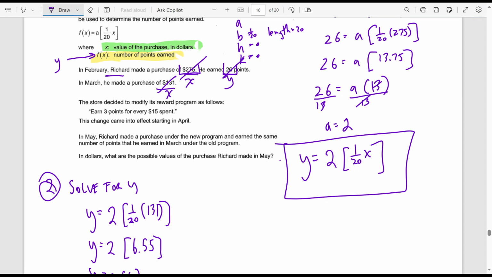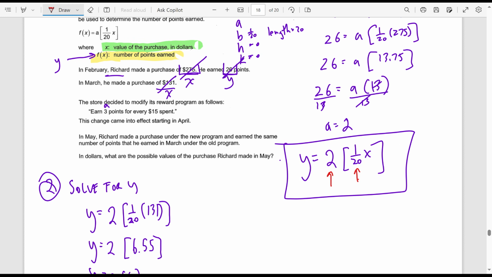So for every 3 points, that's A, for every $15 spent. Let's look at the original scenario. If you can decode this and understand what each parameter means, that was 2 points for every $20 spent, right? The length was 20, not 1/20th. That's the B value, that's what went into the rule. The actual step length was 20.